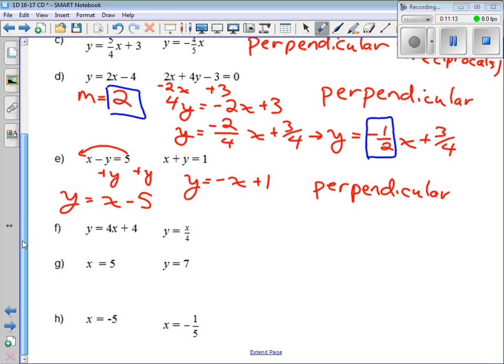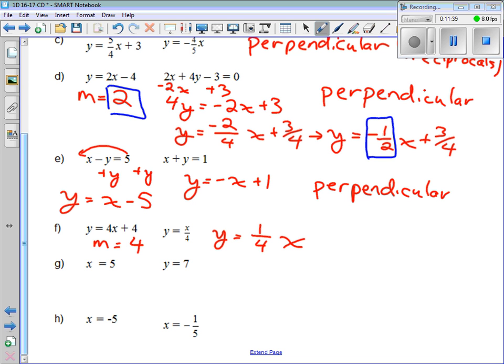Okay. Y equals 4x plus 4 and y equals x over 4. Parallel, perpendicular, neither. Well, let's figure out what the slopes are first. My slope here is 4. What's my slope for y equals x divided by 4? I got to rewrite it kind of like that.